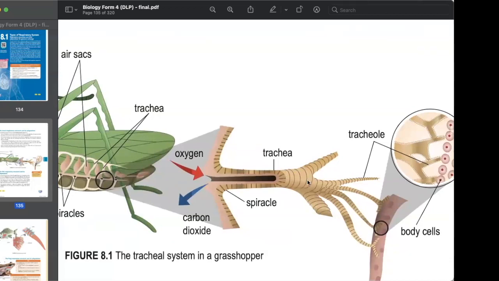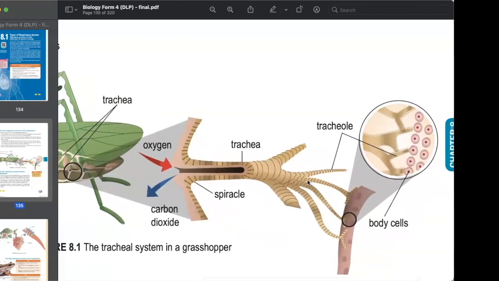If we look in detail, this trachea actually has a few branches, and these branches are called tracheoles. The tracheoles will be connected to the body cell. Here we know that the body cell requires oxygen, right?